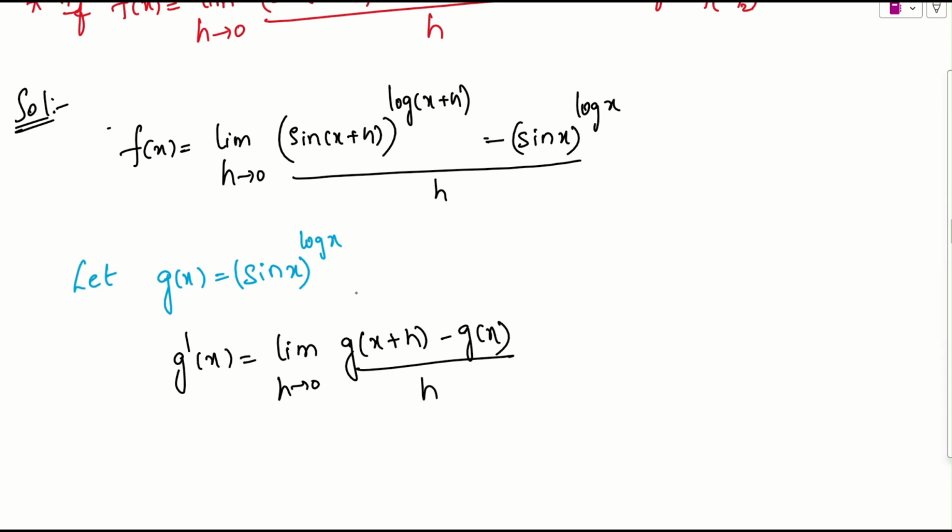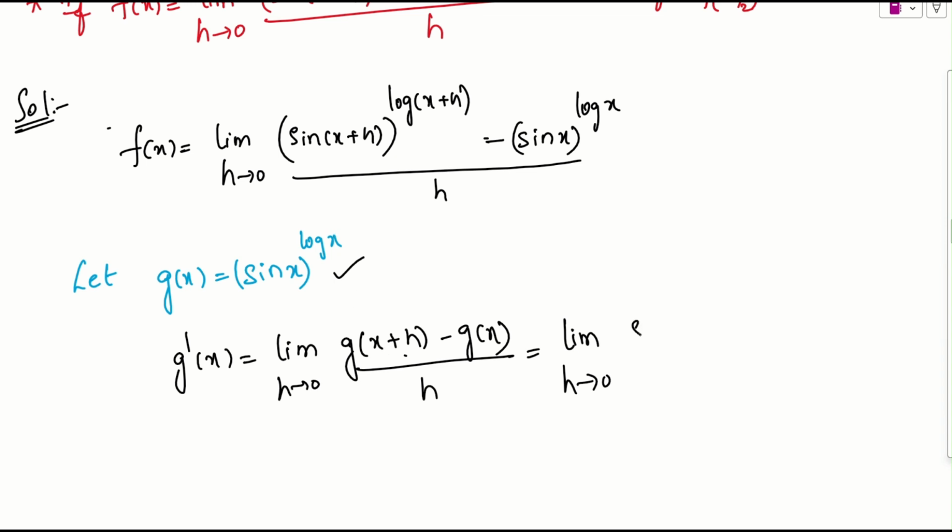If you look into this problem, wherever g is there, the same thing we are having. Let me write it down. This is the limit h tends to 0, and g of x I have taken as sin x raised to the power log x.